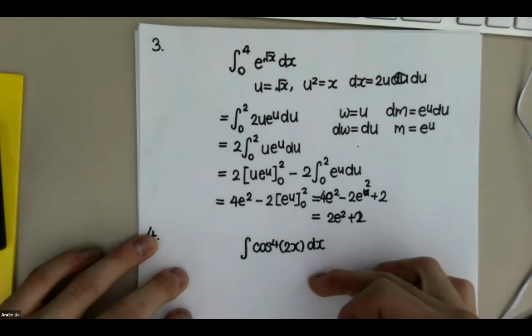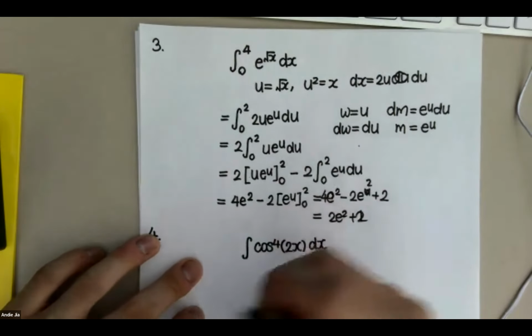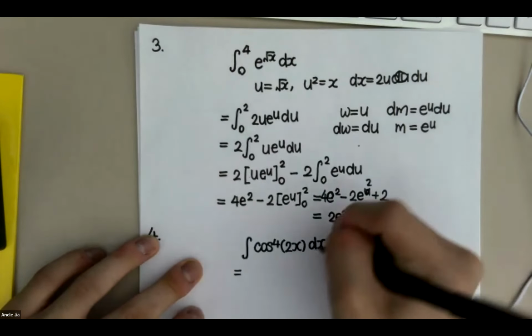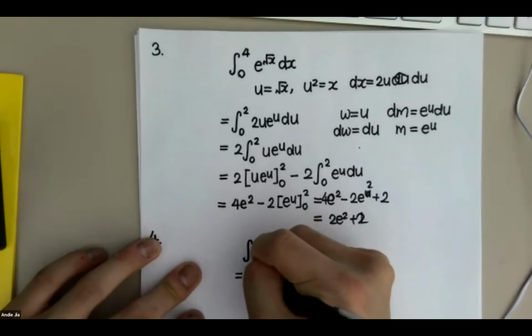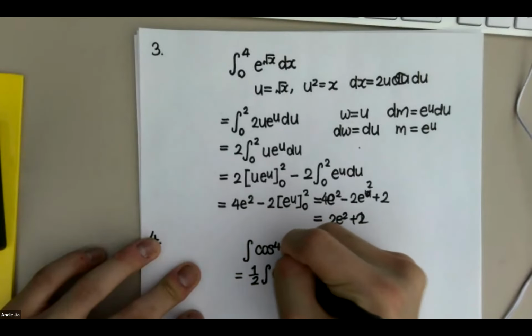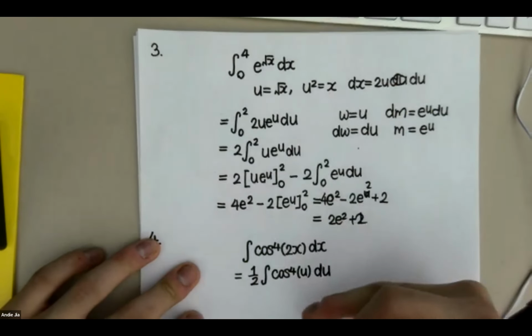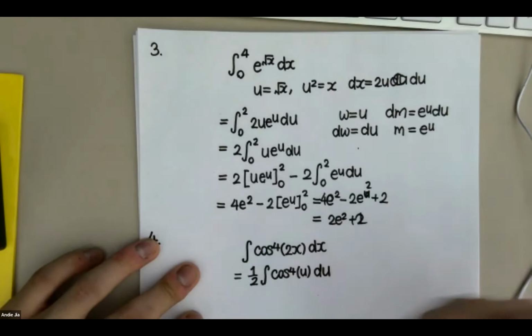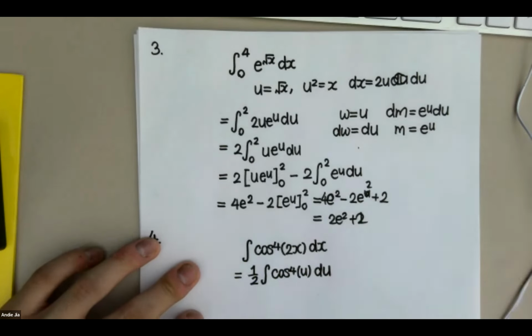I think the first thing is to do the u substitution because you want to get rid of this 2x. So make this u sub, and you will get 1/2 over cosine of 4u du. I think now is the time to use the double angle identity here.